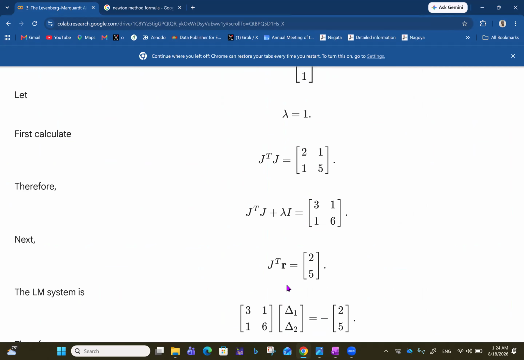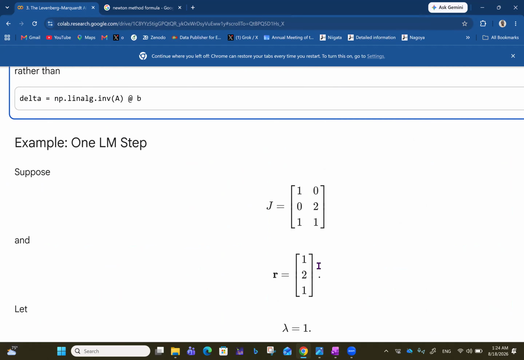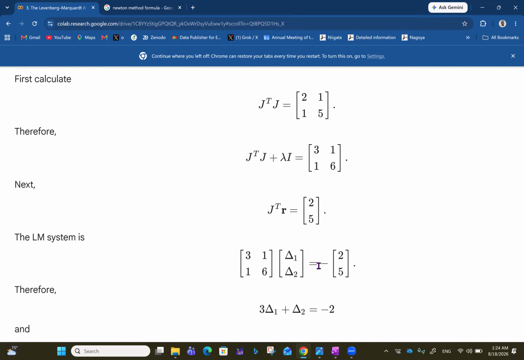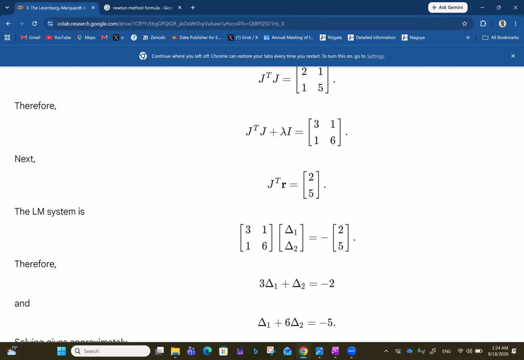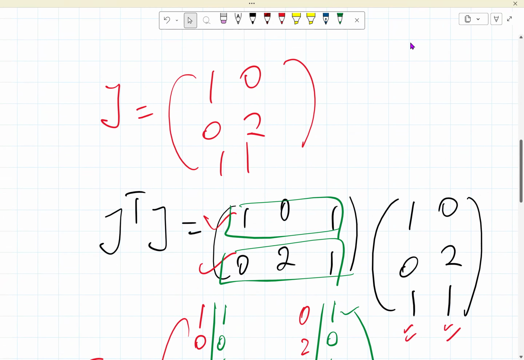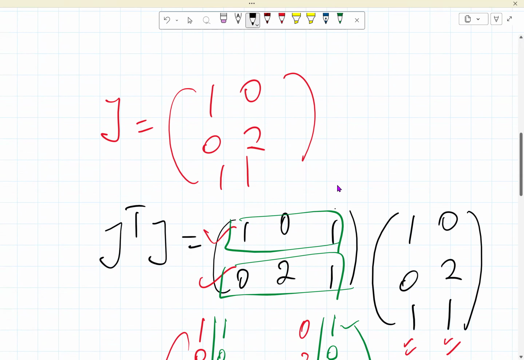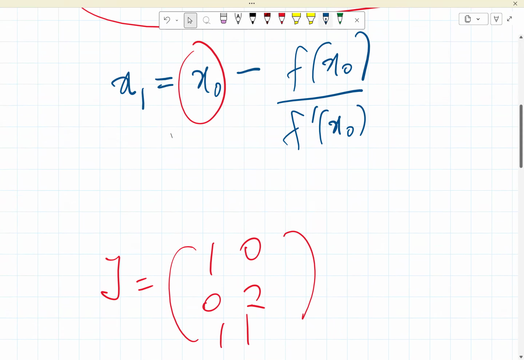So with that in place, next we can now do J transpose R. R is 1, 2, 1. So for J transpose R, don't forget J transpose, which we had here. R is 1, 2, 1, right? And J transpose is this.